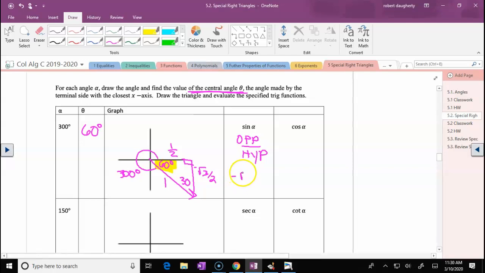Yeah, it's negative square root of 3 over 2 over 1, which is just negative square root of 3 over 2. What's the definition of cosine? It's adjacent over hypotenuse, which is 1/2 over 1, which is 1/2.